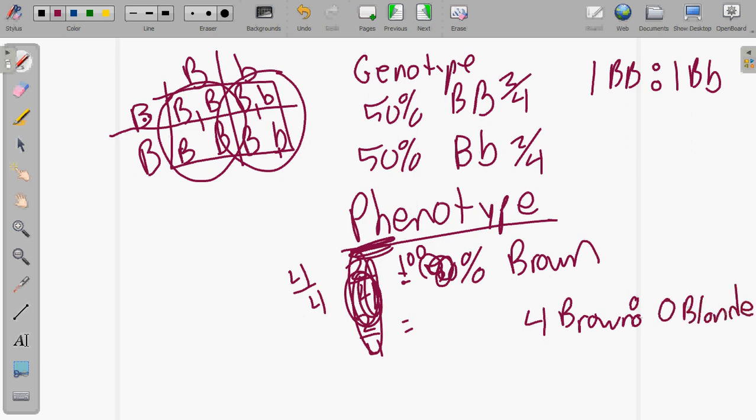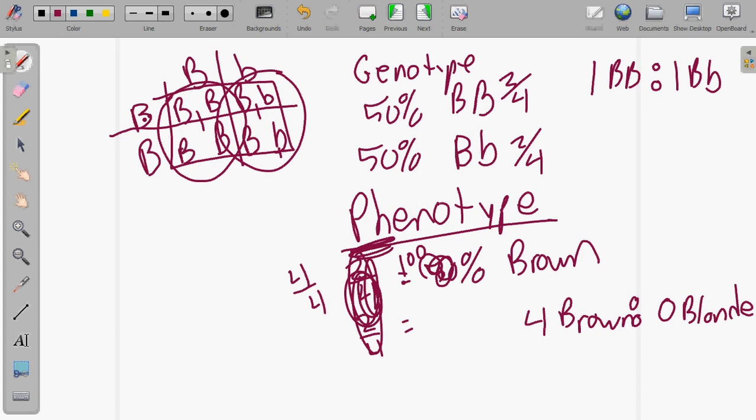Now again, this does not mean that if you have one child, you can guarantee with certainty what genotype that child will be. What it means is that if you have a child, whether it's your first child or your 10th child, there's a 50% chance they will have a homozygous dominant genotype or a 50% chance they have a heterozygous genotype.